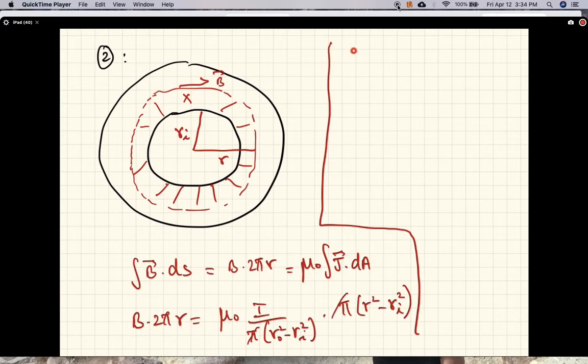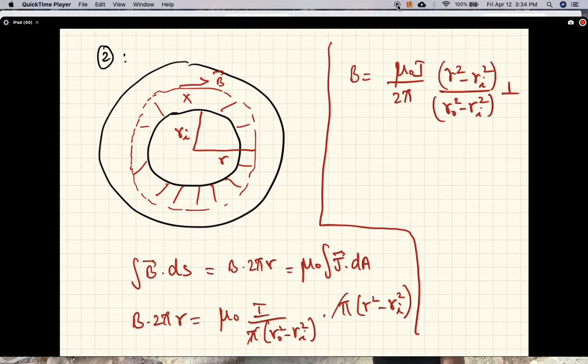The magnetic field is given by mu naught I over 2 pi, times r squared minus r in squared divided by r outer squared minus r in squared, times 1 over r. So that's the magnetic field inside the conductor.